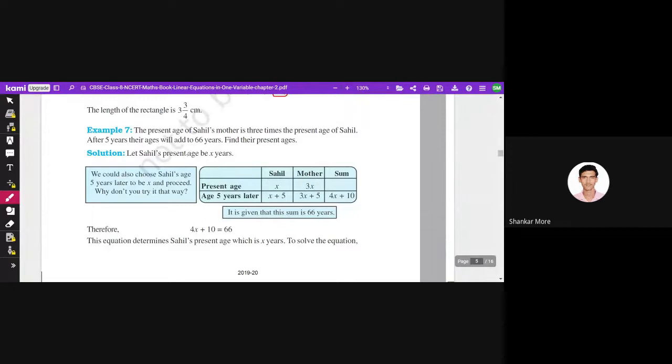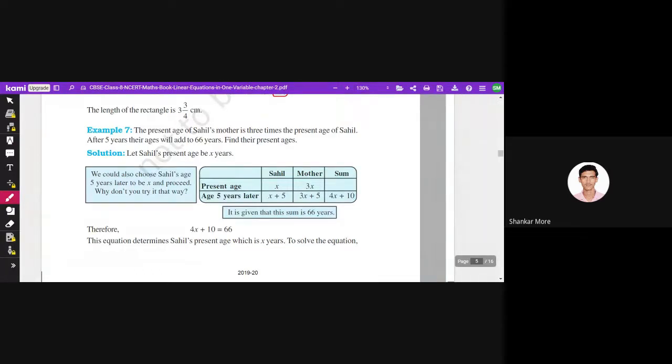The present age of Sahil's mother is 3 times the present age of Sahil. After 5 years, their ages will add to 66 years. Find their present ages. Now, for a moment, let's consider Sahil's present age is x.